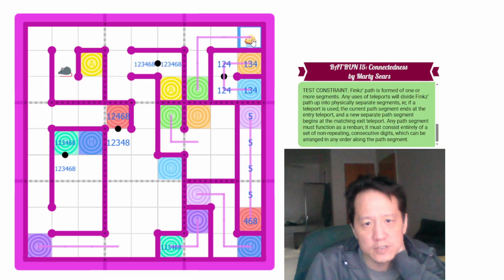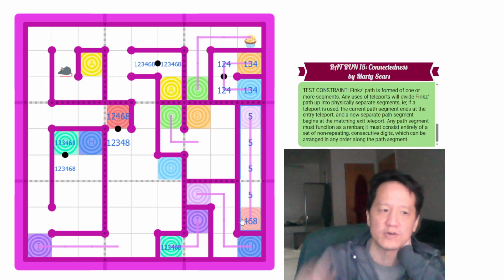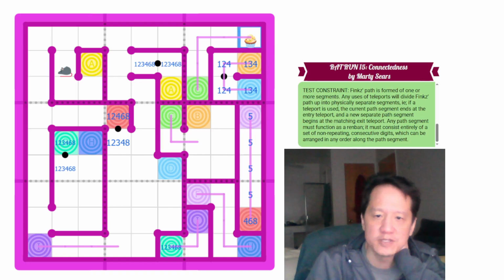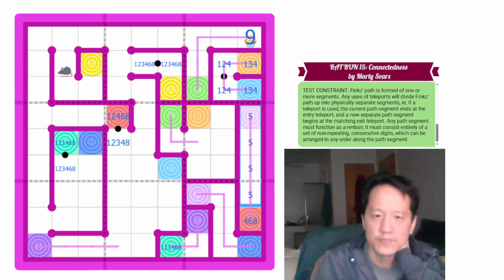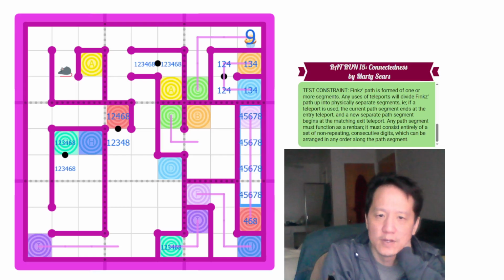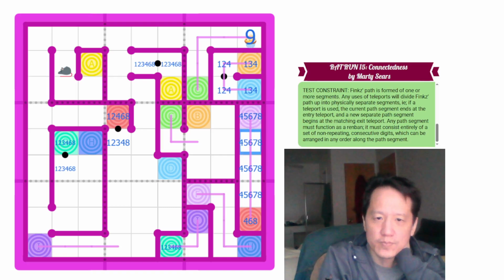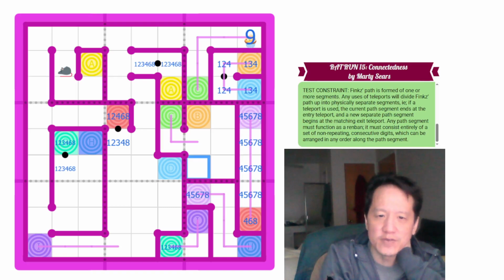So this is 5 through 9, but it can't be 5, 6, or 7. 5, 6, 7, or 8. Because this is either 4 through 8 or 5 through 9, which contains 5, 6, 7, or 8. Therefore, this is a 9, which forces this to be 4, 5, 6, 7, 8. So this is 4, 5, 6, 7, or 8.